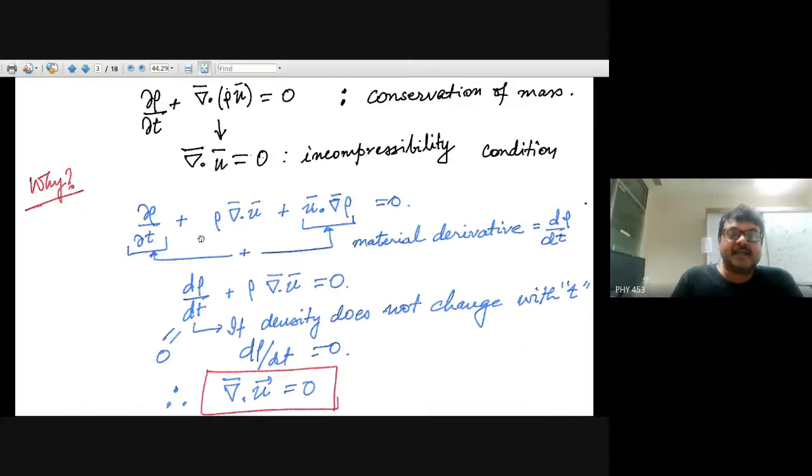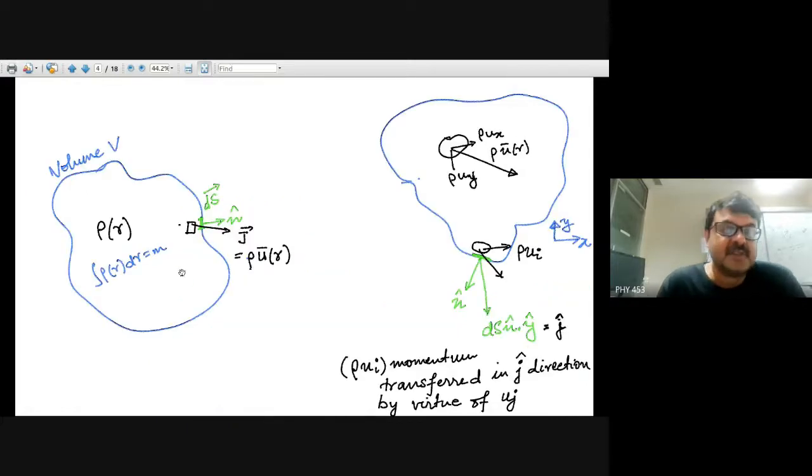And if you write that, essentially, the amount of mass changing as a function of time is equal to the current j dot dA, or in this case dS, right? And if you integrate over the entire surface, that's the total amount of mass which is being exported out of this volume, and that will lead to a change in density.